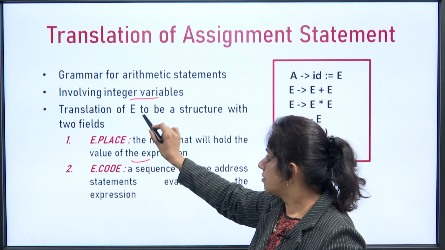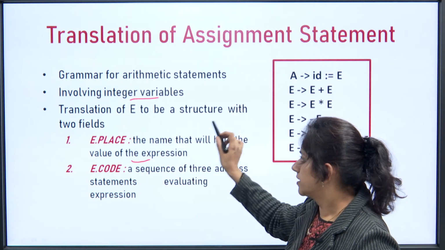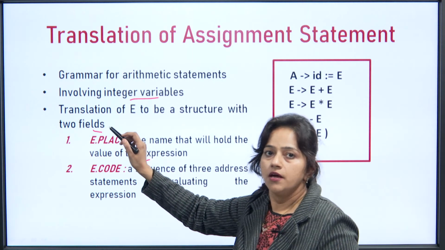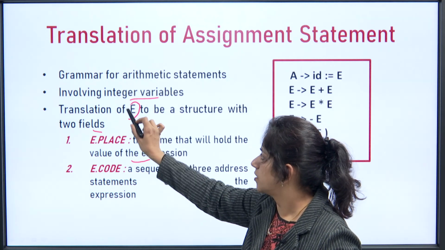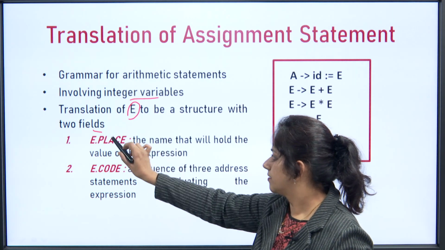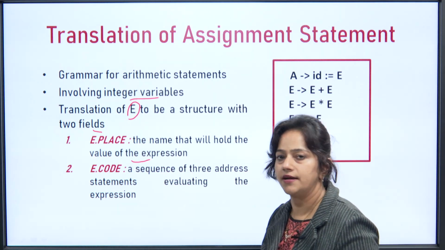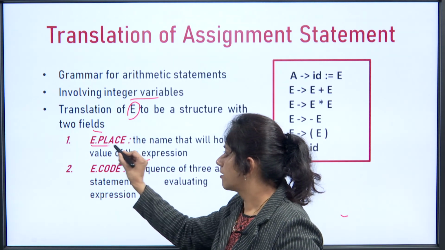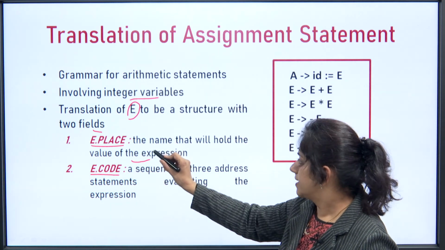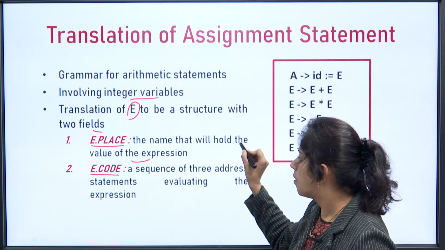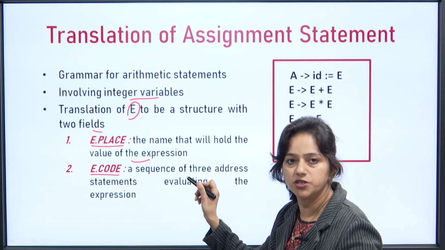Now, the translation of E is a structure with 2 fields. Here we are talking about the translation of E. Basically 2 attributes are taken: E.place and E.code. E.place is a name that will hold the value of the expression.